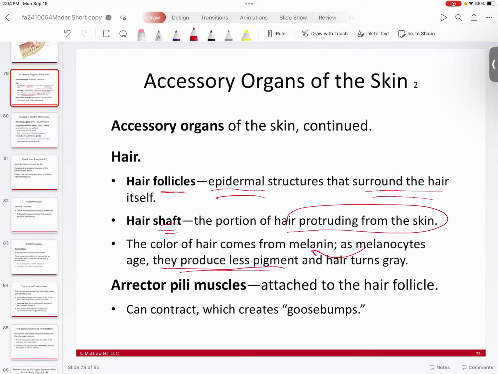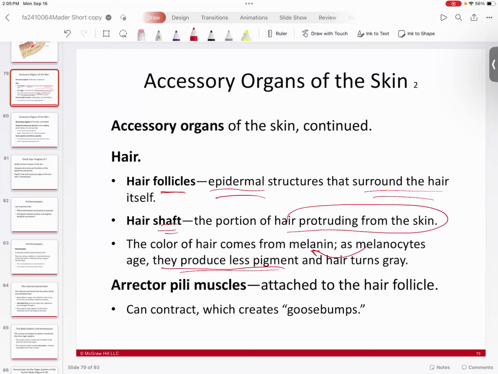Remember, every cell in your body has a shelf life. They don't live forever, so they have to be replaced. Well, as you get older, these stem cells begin to die, and they're no longer around to regenerate the old melanocytes. Once the melanocytes die off, there are no more stem cells to replace them, and that particular follicle has no more melanin to deposit into the hair itself, so that hair comes out gray.